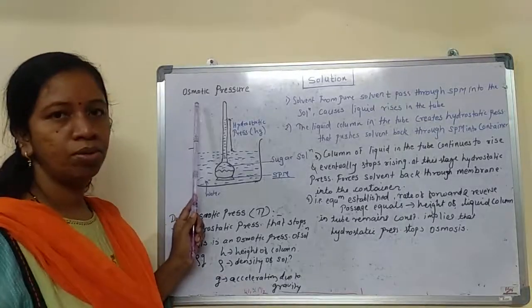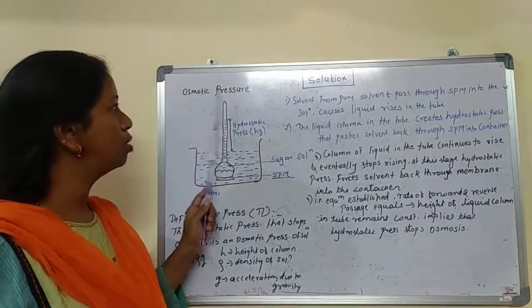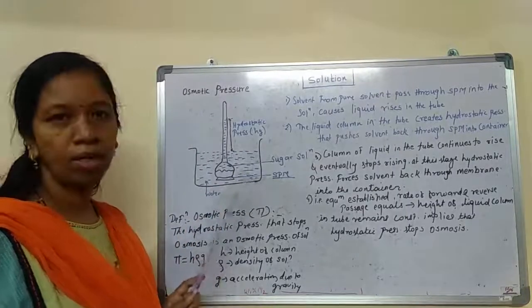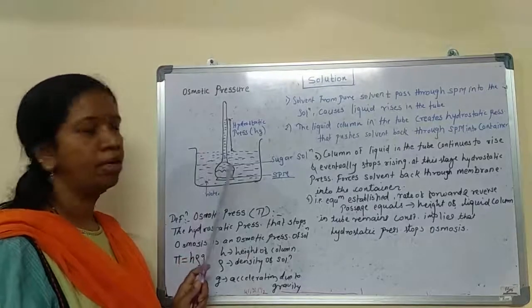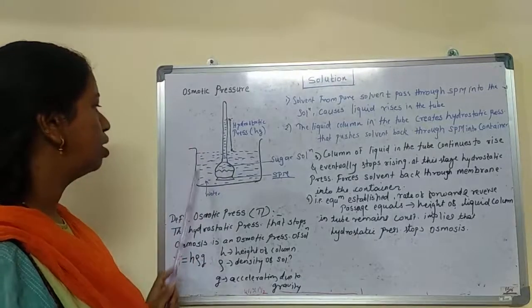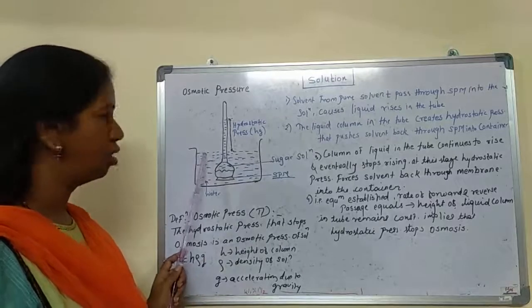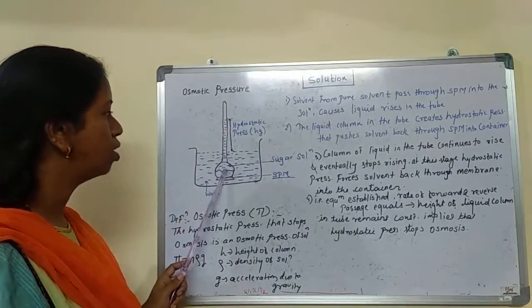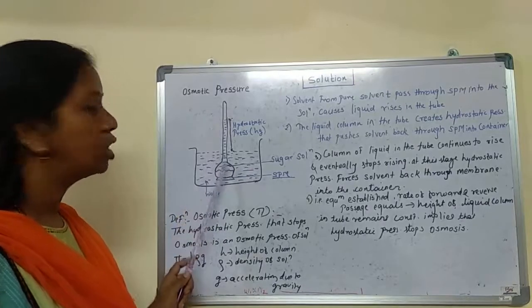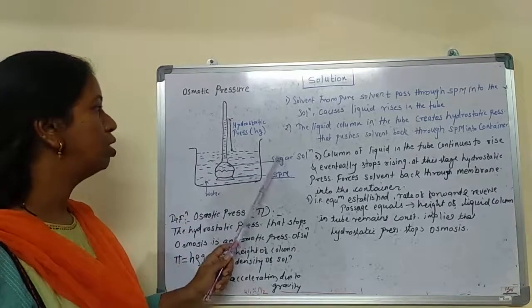Okay, now we are going to see the next point, that is osmotic pressure. How osmotic pressure is created is shown by this experiment. This is a container which contains pure water, and this apparatus is called a thistle funnel, which contains the sugar solution.